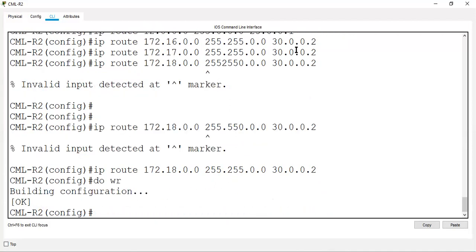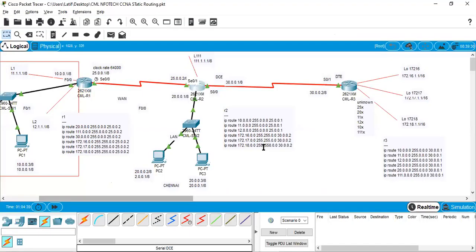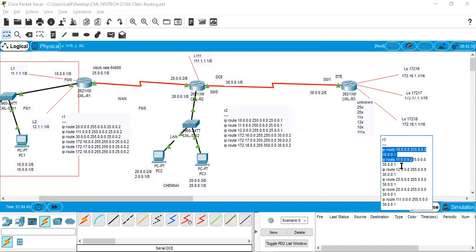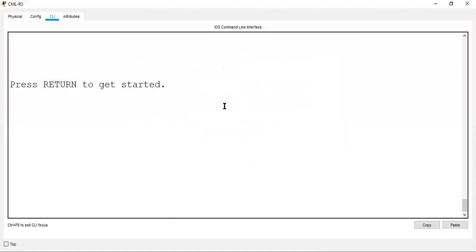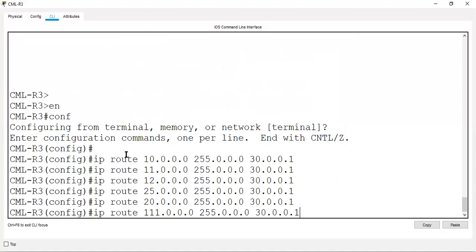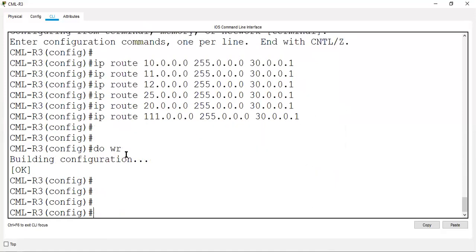Right. Next R3. Copy. Let's say R3. Paste. Right.